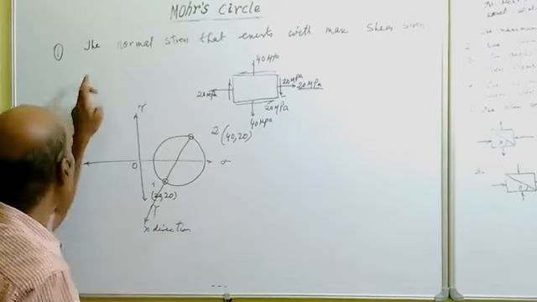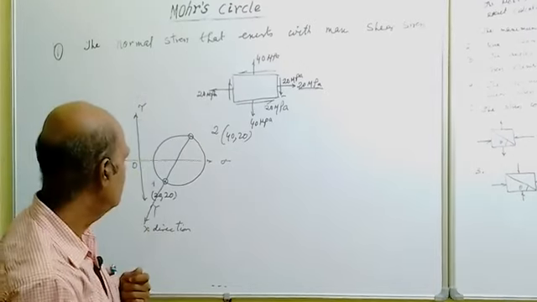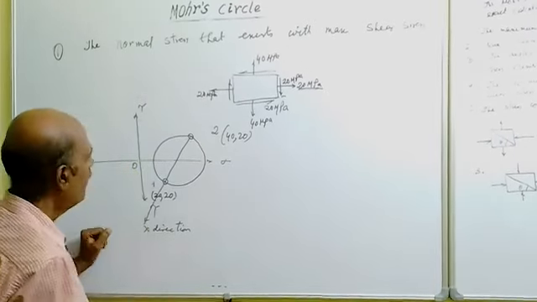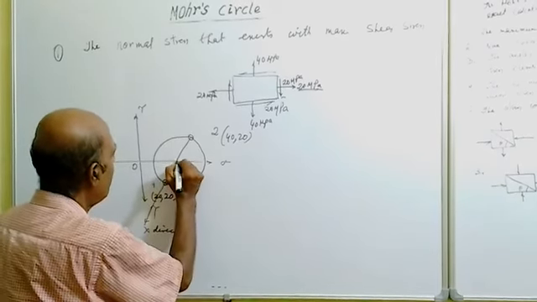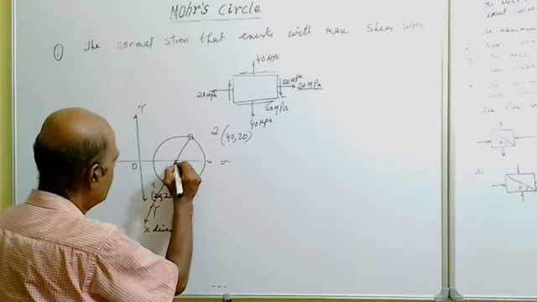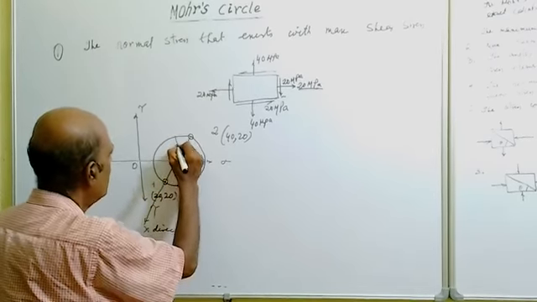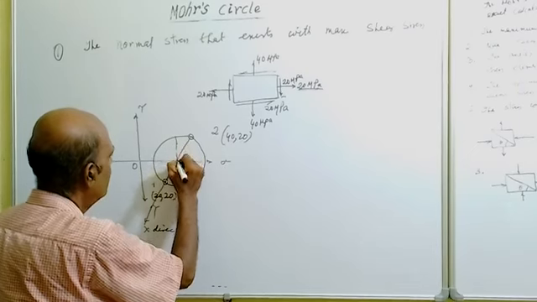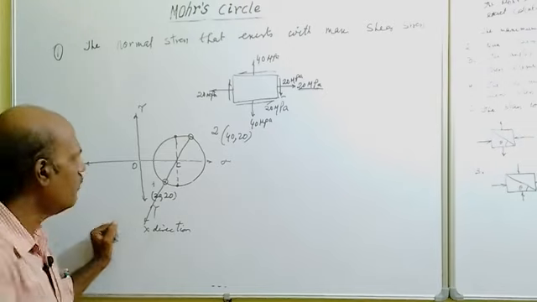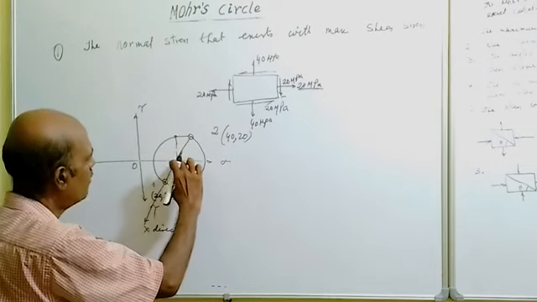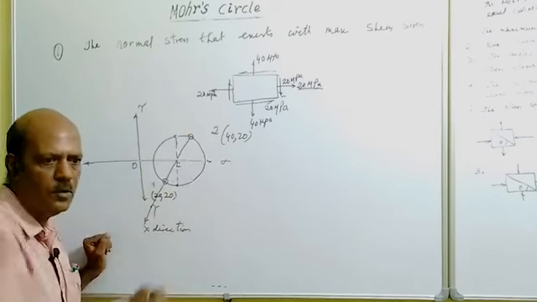Now what are we going to find? The normal stress that exists with the maximum shear stress. Okay, when will we get the maximum shear stress? Just above or below the center of the Mohr circle. So if we draw a vertical line through this point C, this point and this point will give us the maximum shear stress, and the magnitude of maximum shear stress is equal to the radius of the Mohr circle.